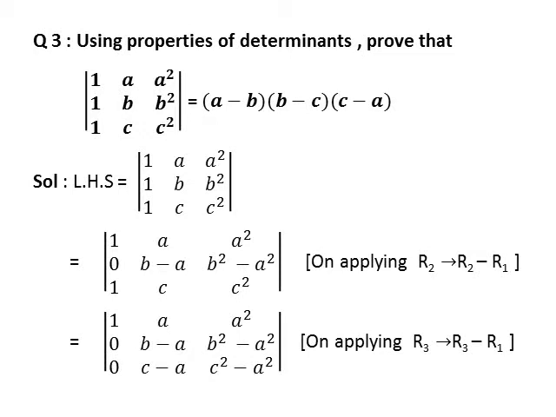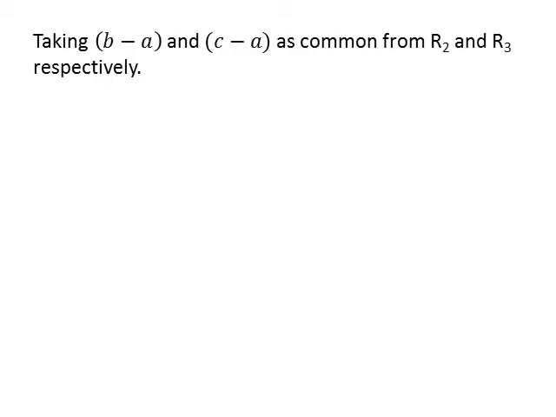Students, we can observe that from R2 b minus a can be taken as common, and from R3 c minus a can be taken as common. So in next step, take b minus a and c minus a as common from R2 and R3 respectively.